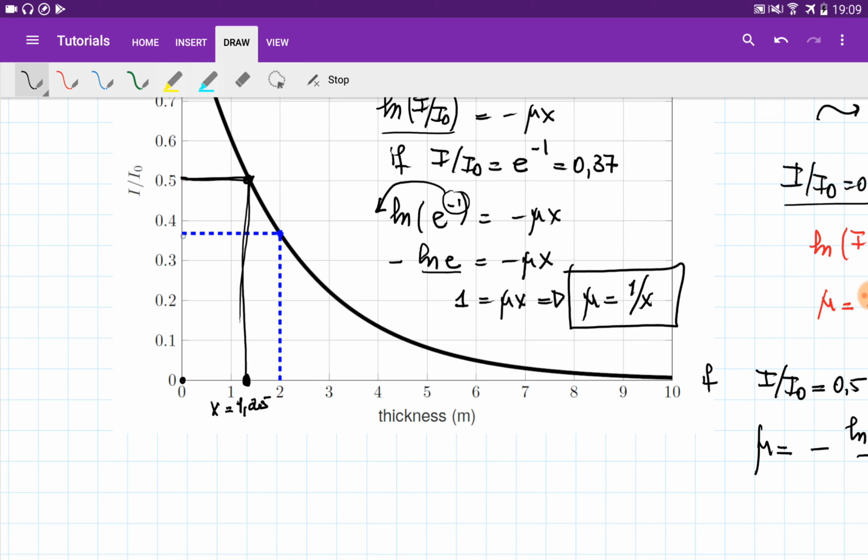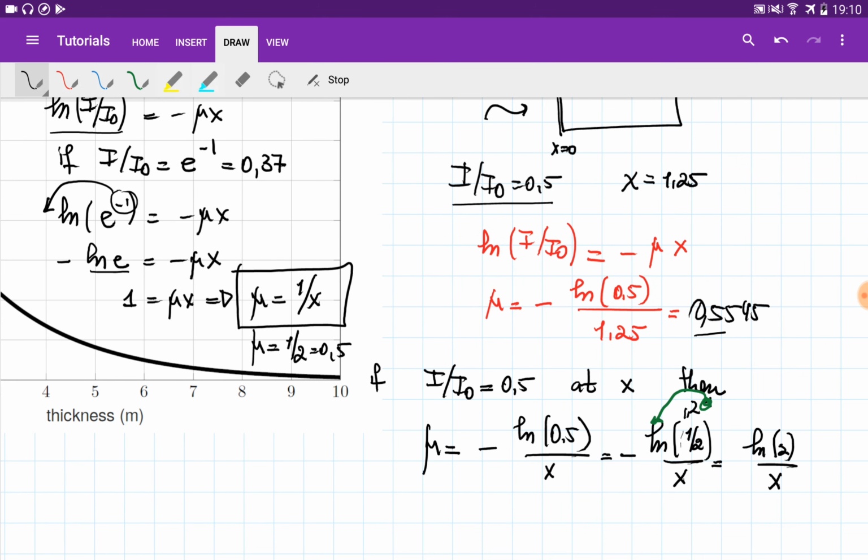For example, here this is roughly 0.37. So the current intensity is 0.37 multiplied by the initial one, or 37% of the initial one. Then I go to here, hit the curve, and find the x. It's going to be roughly 2, or exactly 2. Then the attenuation coefficient mu is going to be 1 over 2, or 0.5, which is roughly equal to this value.